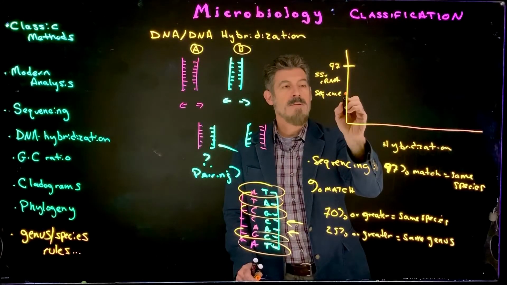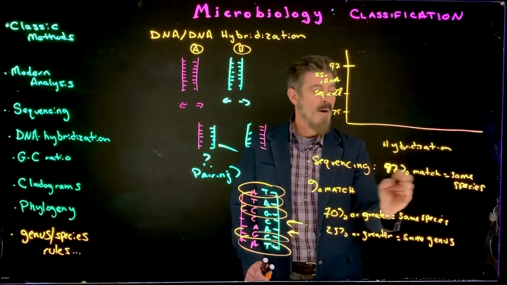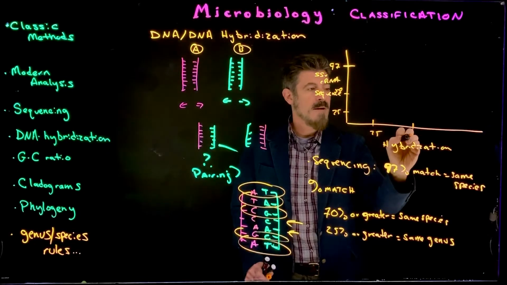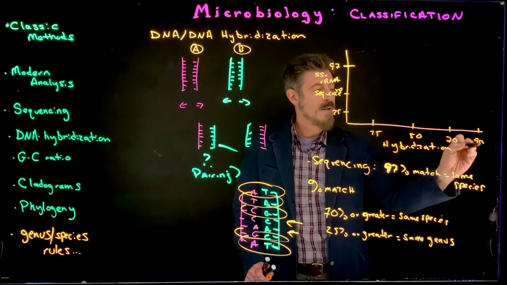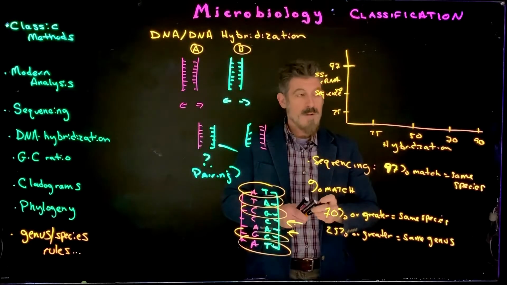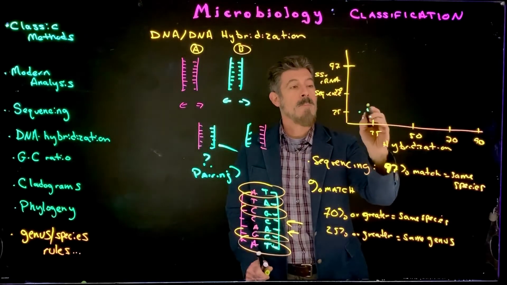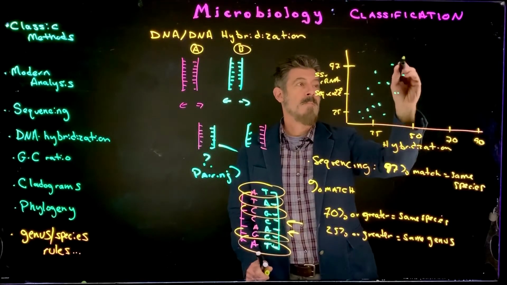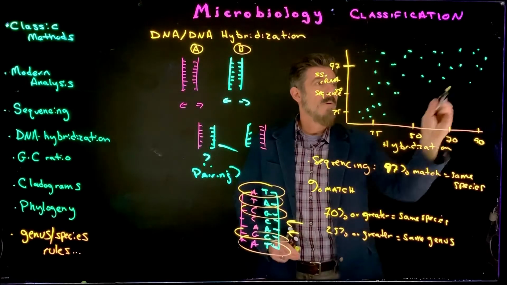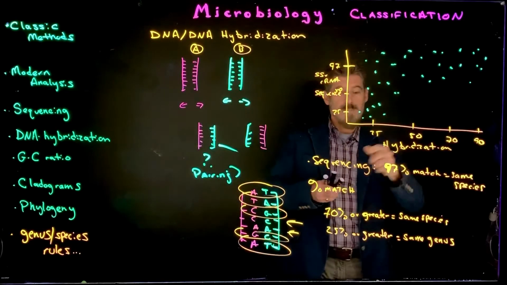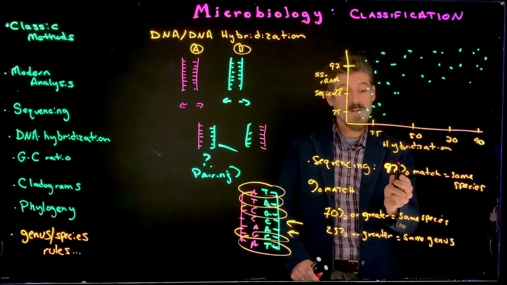So let's say here this is only 50%, 25% here. And here's 25, say 50. Now we've got our 70% here, 90%. If we were to perform this analysis, each of these dots represents a bacterium, and we're looking at both characteristics for those bacteria.